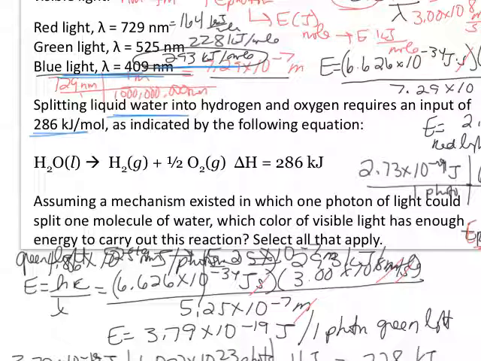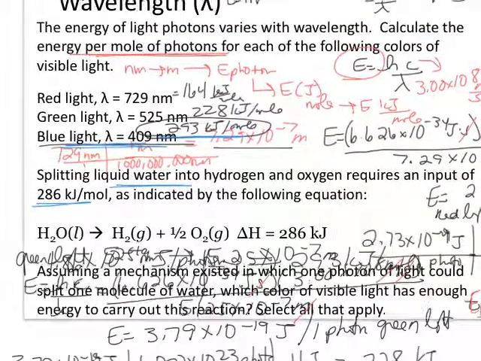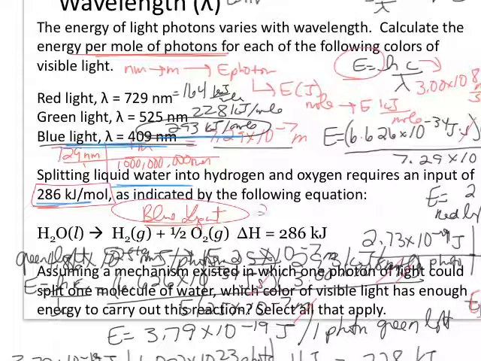So obviously we're looking for the light energy that's equal to or greater than 286. And the only one is blue light. Blue light, because it has 293 kilojoules per mole.